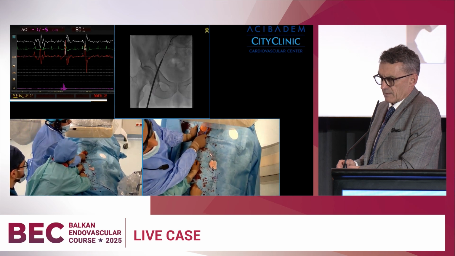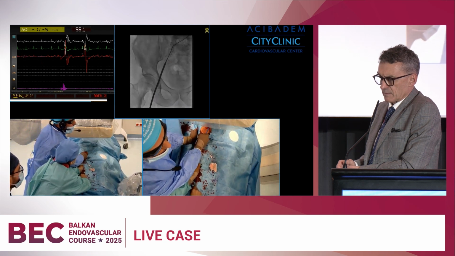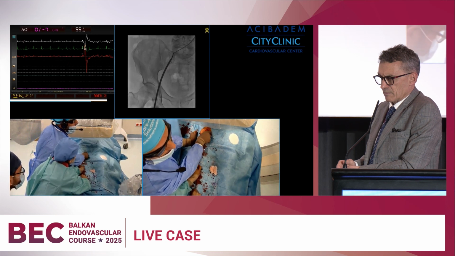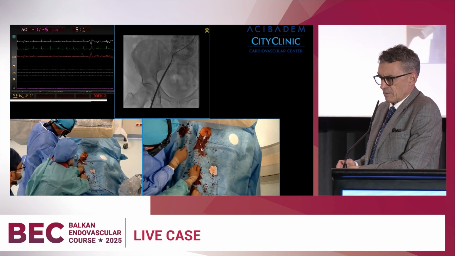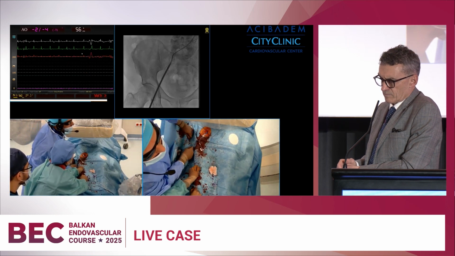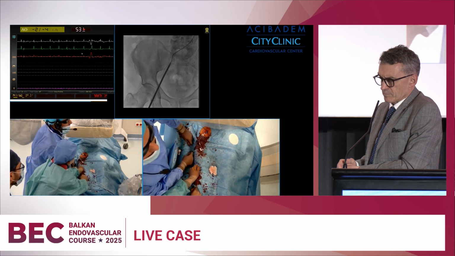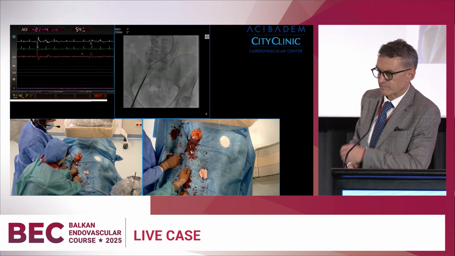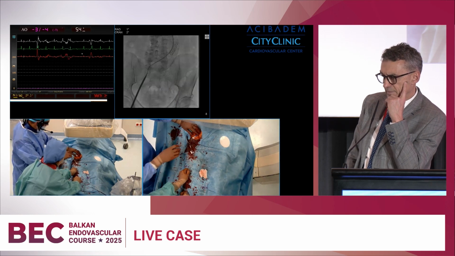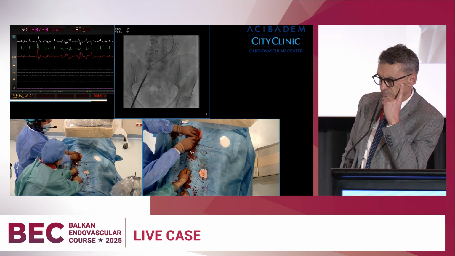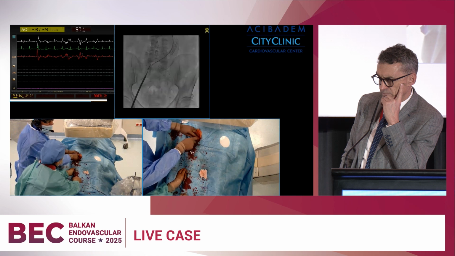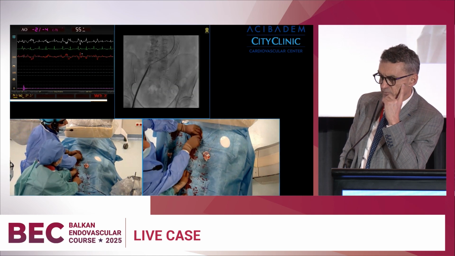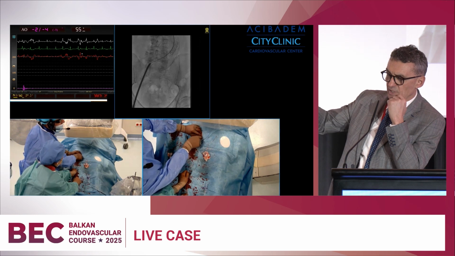Remove the catheter. It's most important when you use this technique that all parts of the wire in the body must be covered by the microcatheter or catheter because it's very dangerous. Very good point. In fact, it's like a protective sleeve.